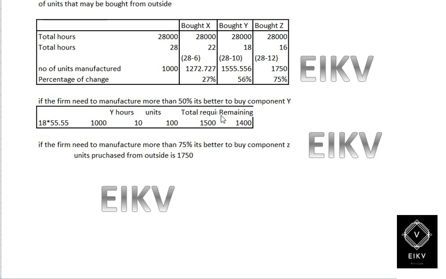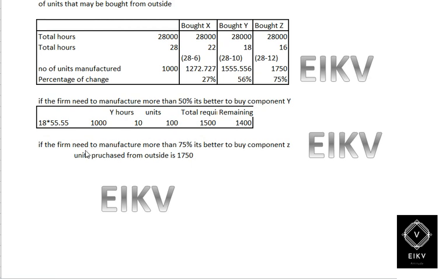Total requirement of Y is 1500 units, and we have already manufactured 100 units. Therefore 1500 minus 100 will give you 1400 units. So 1400 units should be purchased from outside or externally.